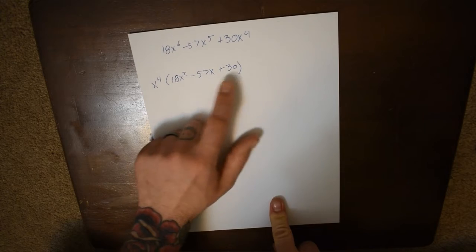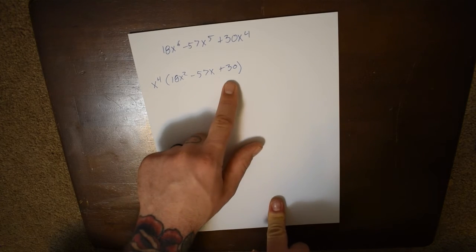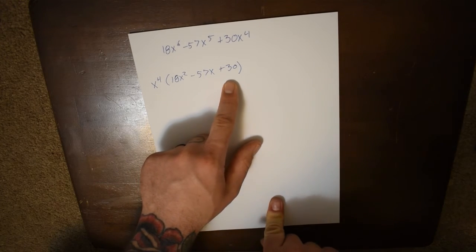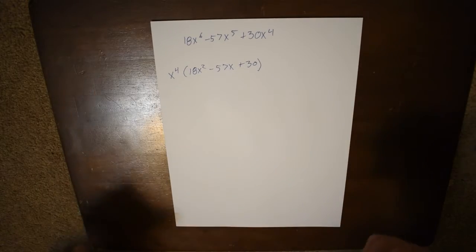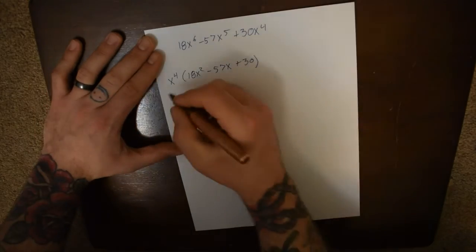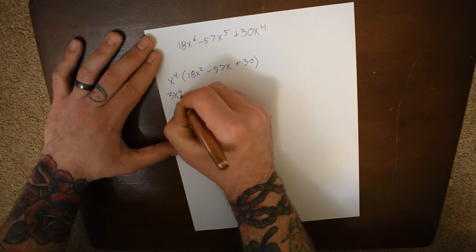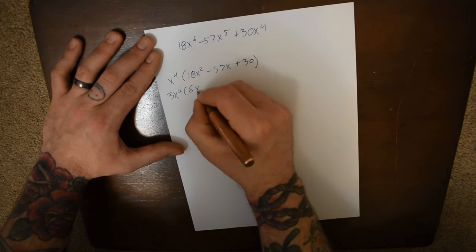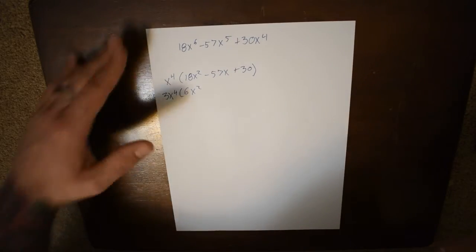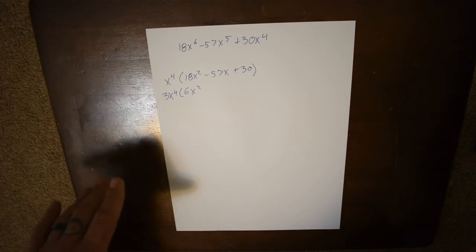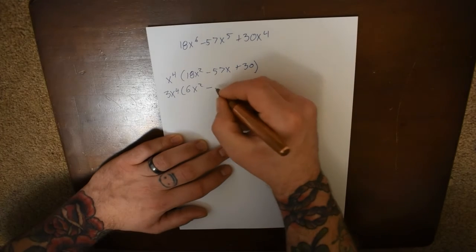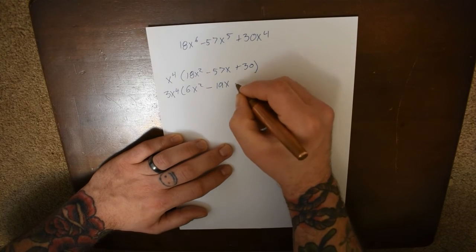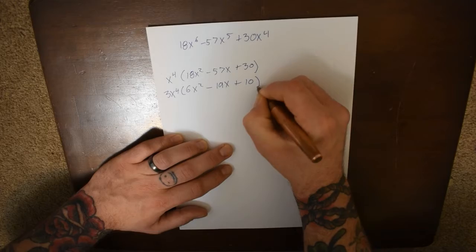Now, all of these coefficients are divisible by 3. So let's factor out a 3. That would give us 3x to the 4th times 3 times 6 is 18 x squared, and that would be minus 19x plus 10.